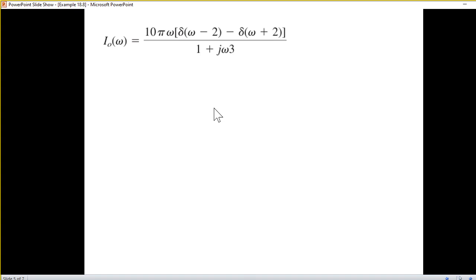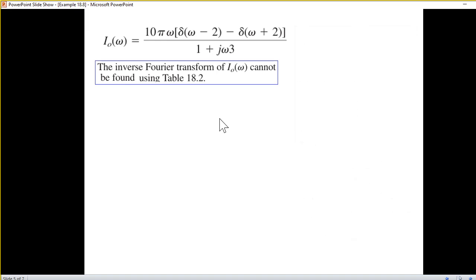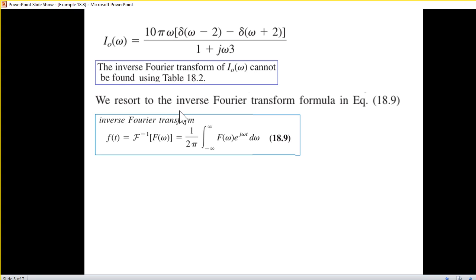Now to transform this into the time domain, we have to find a formula which can transform this. Unfortunately, the transform table does not have any formula which we can use here. Therefore, we have to now use the original formula, which is the inverse Fourier transform formula.